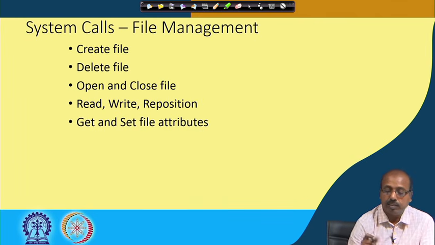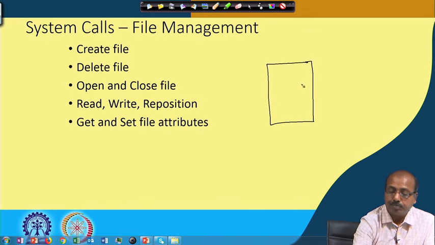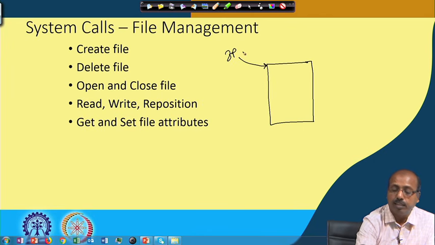Reposition actually means this: when you open the file, the file pointer is set at the beginning of the file. If you read from here, you will get the data one after the other, character by character, depending on the size of that read.